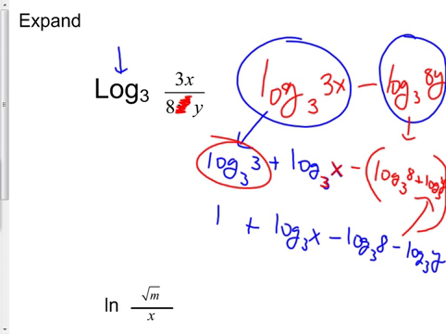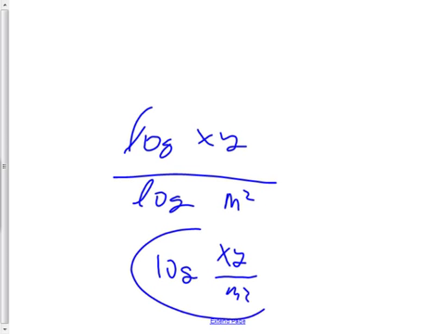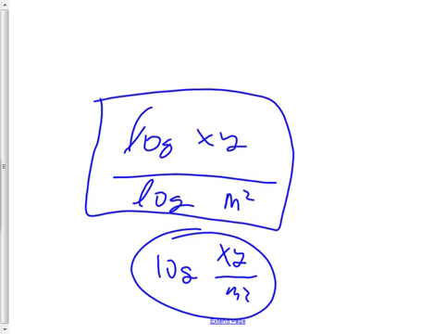So if you find yourself at the end of a problem with log of xy over log of m squared, put the logs together as 1 log: log of xy over m squared, like that. Left this way would be wrong, because it's not condensed all the way. So why haven't you been doing that for the base? I have been doing that.